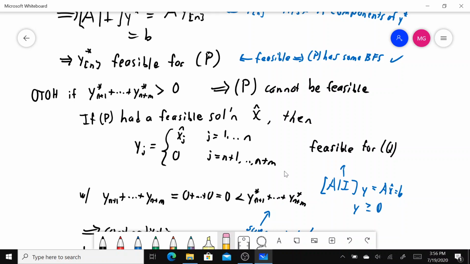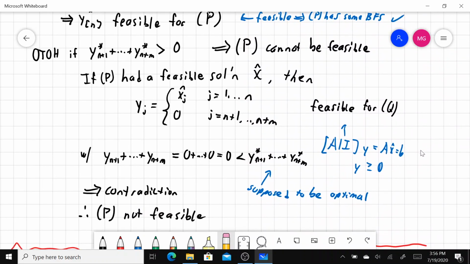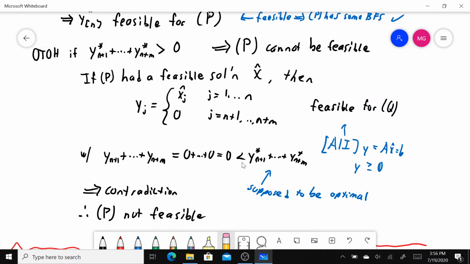It's also non-negative, because we're assuming x hat is feasible for P, and so it's non-negative, and y consists of it and then zeros. So y is also non-negative, and it satisfies all the constraints, so we have a feasible solution y constructed like this. The objective function is the sum of the last m components, but that's the sum of all zeros, and so that gives us 0.